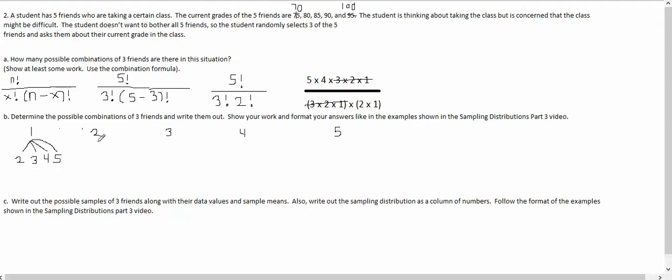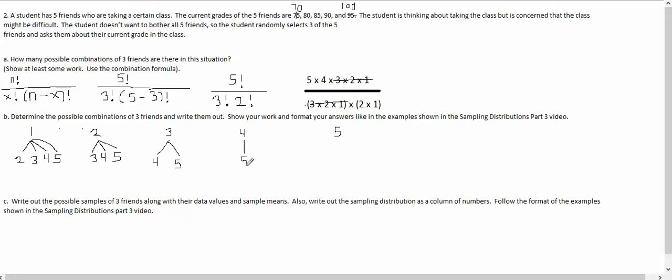Then we write out the numbers that come after 2. So it's 3, 4, and 5. Then we write out the numbers that come after 3, which are only 4 and 5. And then we write out the numbers that come after 4, which is just 5.